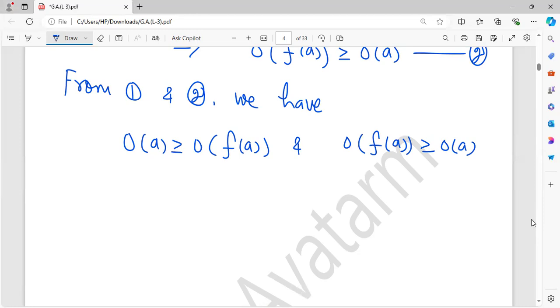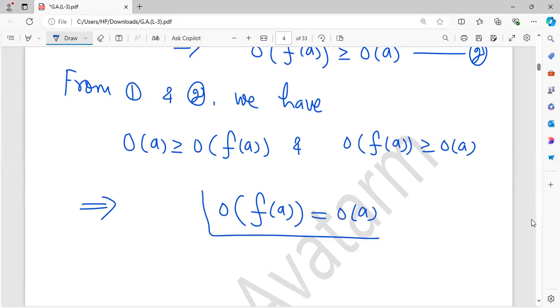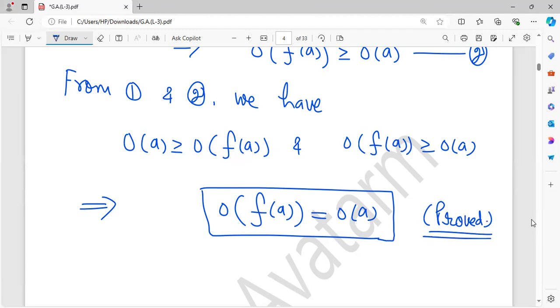What does it mean? This implies both orders have to be equal. So the order of f(a) is equal to the order of a. So this is proved.